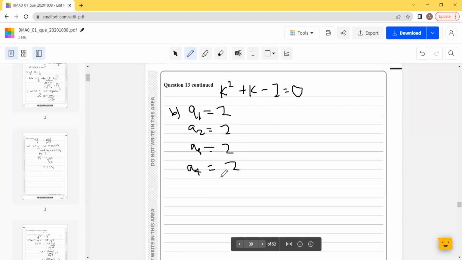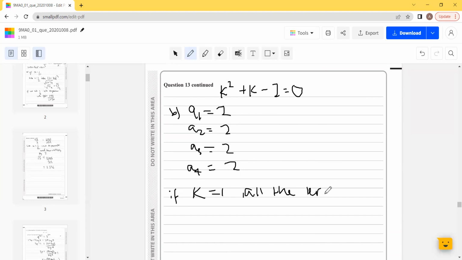So we can say that if k is equal to 1, all the terms would have the same value. So it wouldn't be periodic.